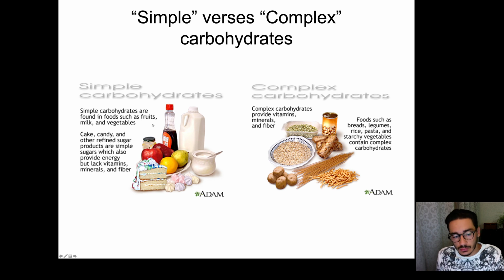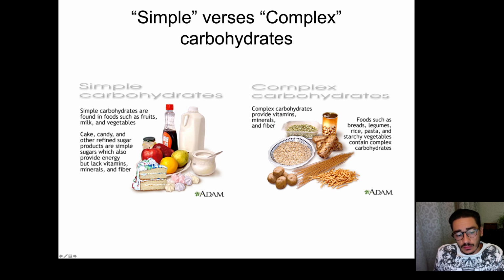The brain alone consumes 25 to 35% of all your energy in the form of glucose, right? So if you just sleep and watch Netflix and do nothing, your brain alone is going to consume 25 to 30% of all your energy in the form of glucose from your food and your diet.